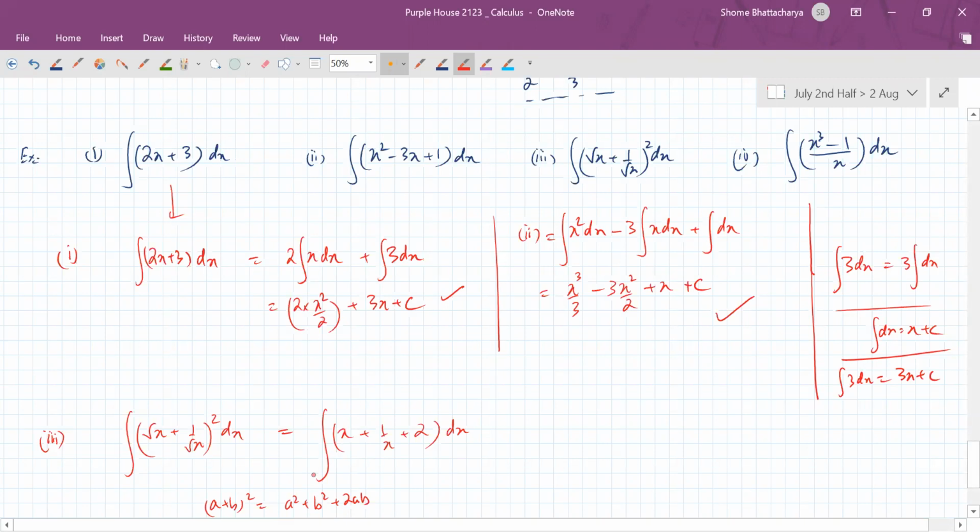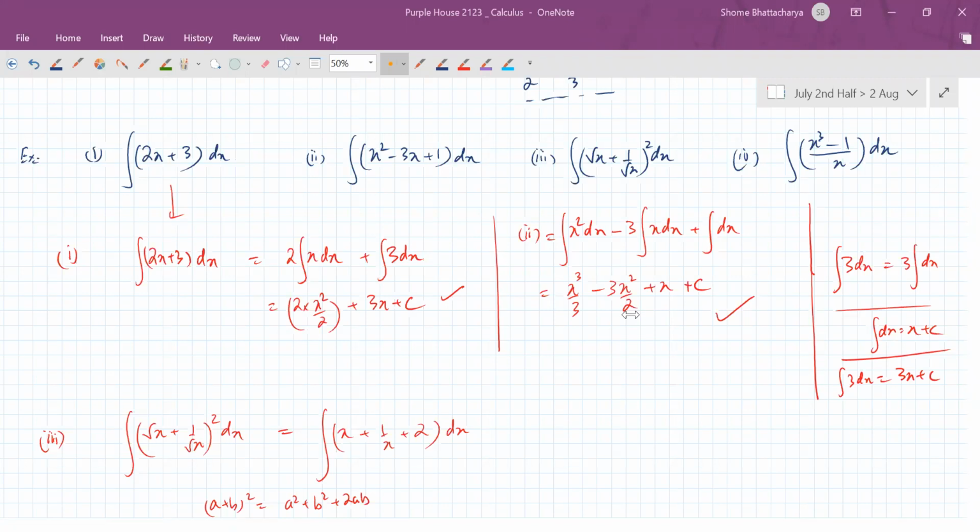Sir, could you please check the answers? Yes, I'm checking it. Yes, Rishita, your fourth one is correct. So in this third one, we have to first solve the a plus b whole square equation, right?